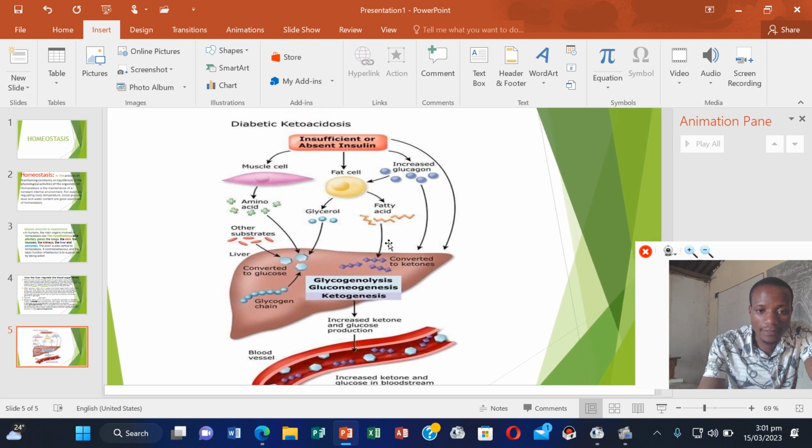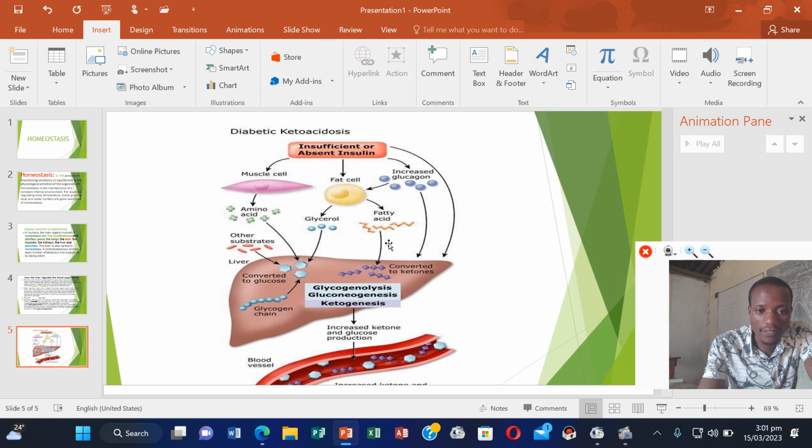The pancreas is not shown here, but it is the one which produces the glucagon hormone as well as the insulin hormone.